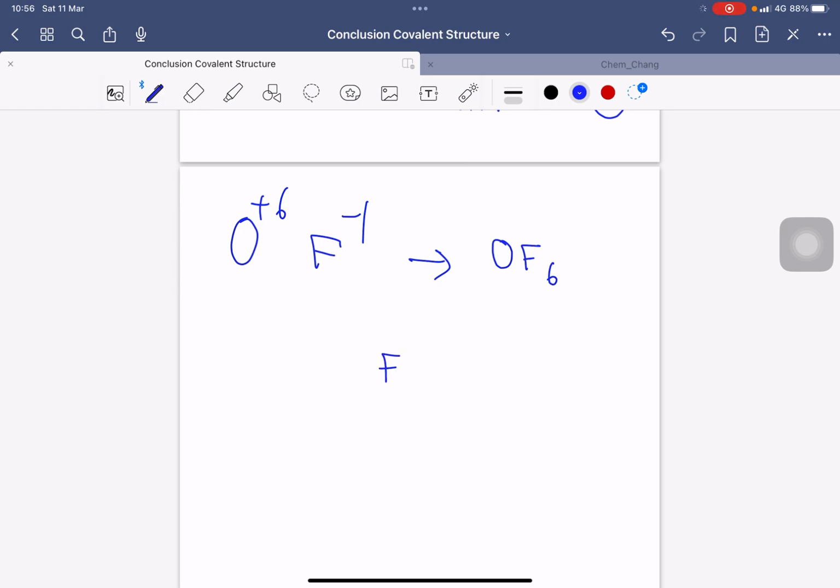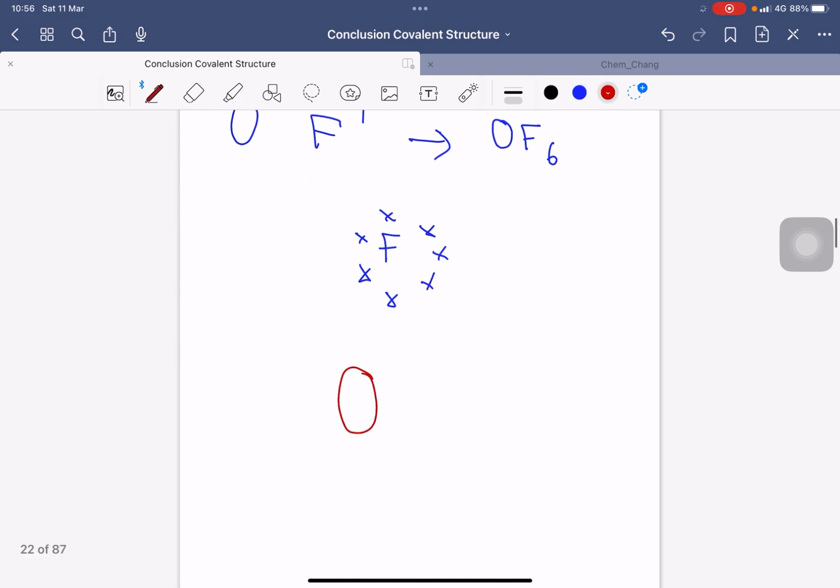So you can see that F will be 1, 2, 3, 4, 5, 6, and 7 right here. And then you will get O first, right? And then this one, 1, 2, 3, 4, 5, and 6. But you have to see this one first. This is one thing for the F right here.